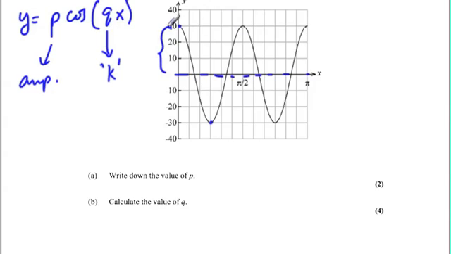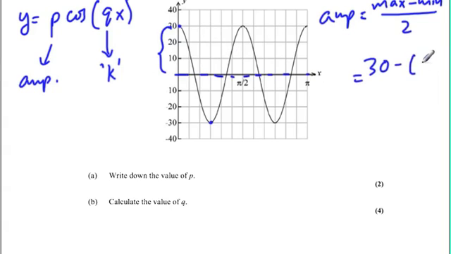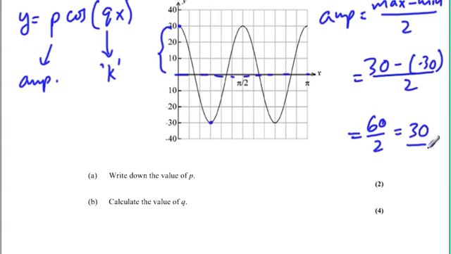But if you want to use the formula, we know the max is 30 and the min is negative 30, so the amplitude is max minus min divided by 2, which is 60 divided by 2, which is 30. You could read that off the graph, or you could figure it out. It's the same thing. So p is the amplitude, so it's equal to 30.